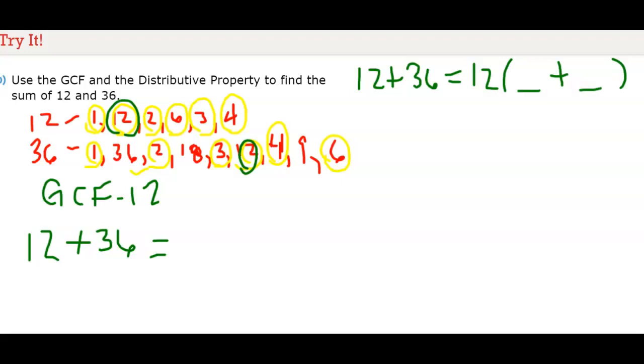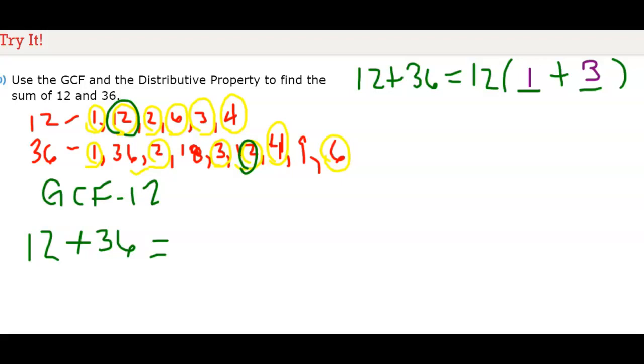So let's think. 12 times what equals 12? That answer would be 1. 12 times what equals 36? That would be 3. So now we have just rewritten 12 plus 36 using the GCF and distributive property.